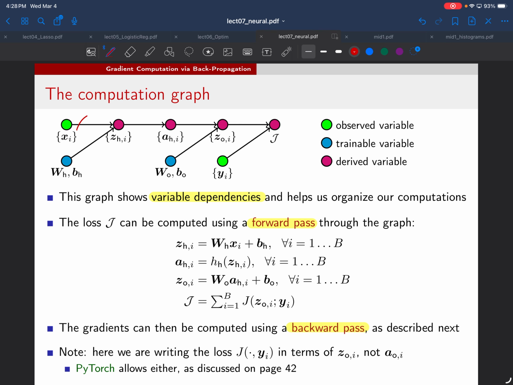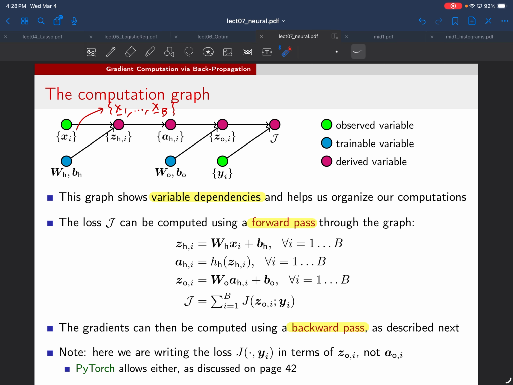In particular, we could think of this as X1 all the way to XB when we have B samples in our mini batch. I'm just writing the curly braces like that as an abbreviation. In other words, we don't have mini batches of the weights. We just have the hidden weights and hidden biases, but we do have a mini batch of features, and a mini batch of corresponding targets.